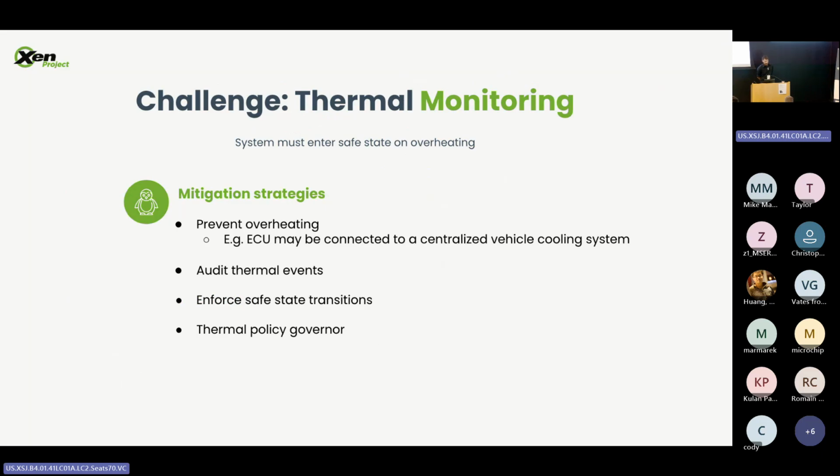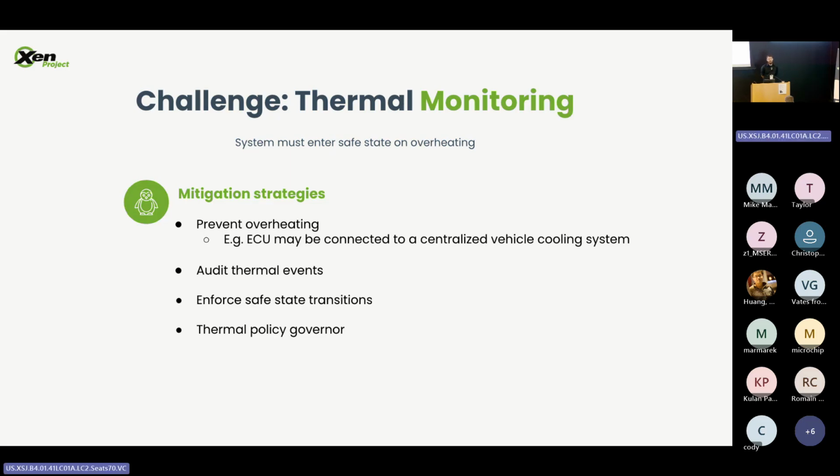Another challenge is the thermal thing. This ECU is a part of the vehicle. It provides a hazard to the drivers. So there has to be some strategy to mitigate overheating. Very likely there will be high effort to prevent overheating in general. Like, the ECU very likely will be linked to the centralized vehicle cooling system, so coolant will be driven through that box.